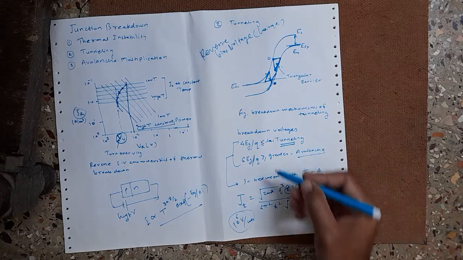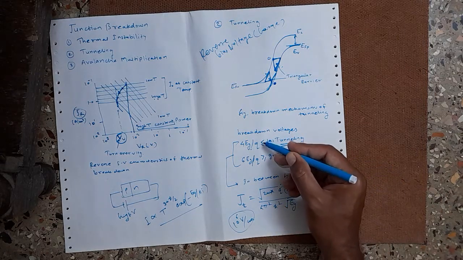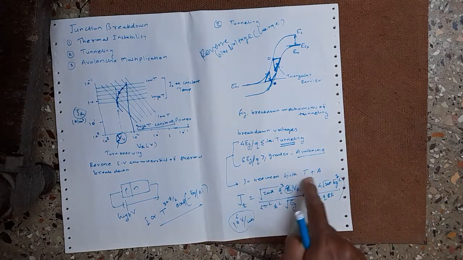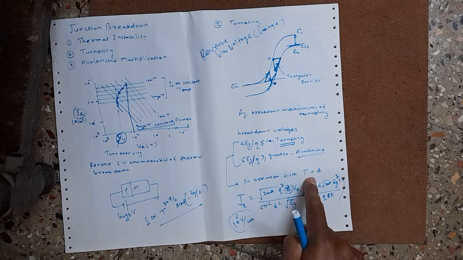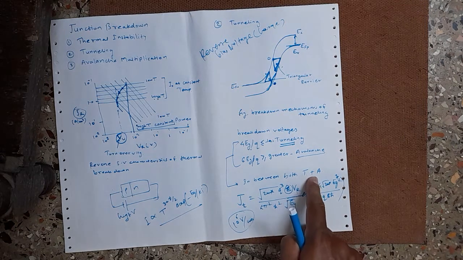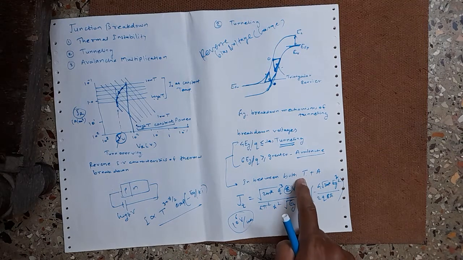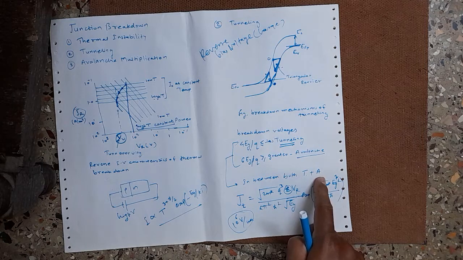If the breakdown voltage is in between these two, then both phenomena contribute to the breakdown of the PN junction, that is, the tunneling as well as the avalanche multiplication.